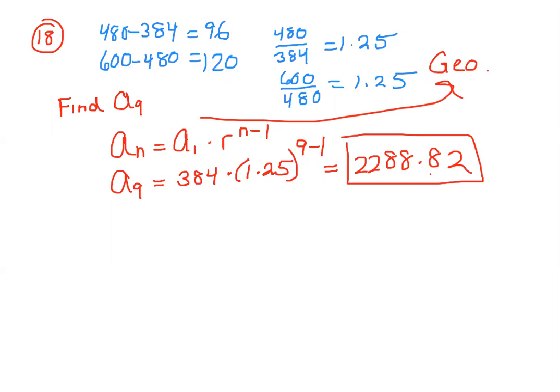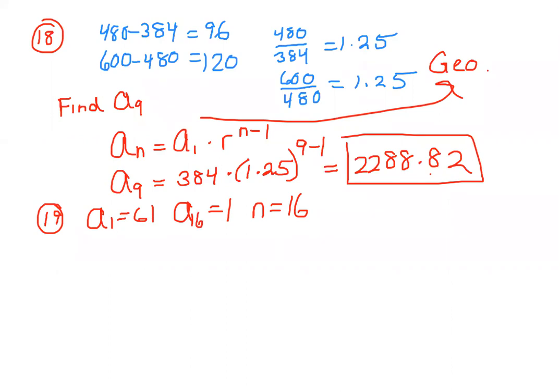Right, number 19, Michaela is building a pyramid of paper cups. The bottom row has 61, while the top row has only 1. If there are 16 total rows and the number of cups in each row represents an arithmetic sequence, find the total number of cups. So this one tells you that it's arithmetic, and it tells you that a1 has 61, and an has 1, and n is 16. So I guess we could write this as A16 has 1.